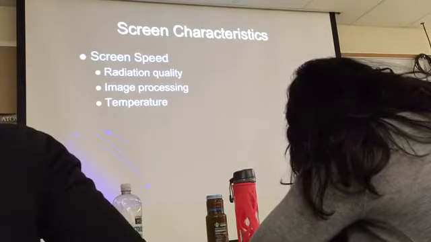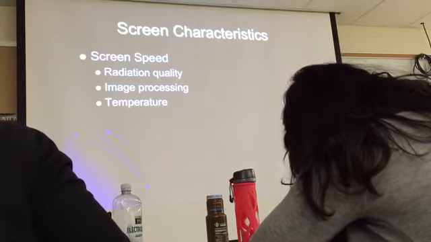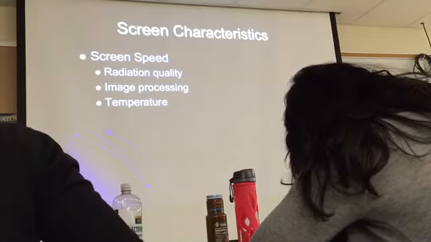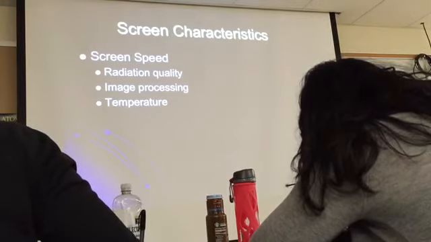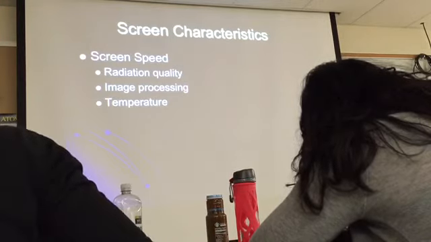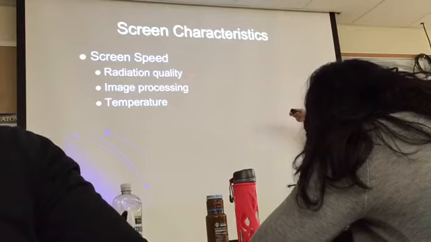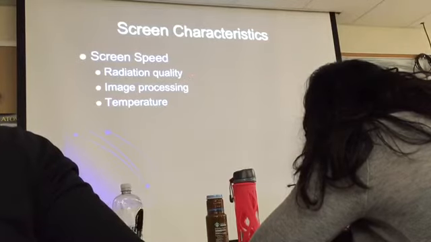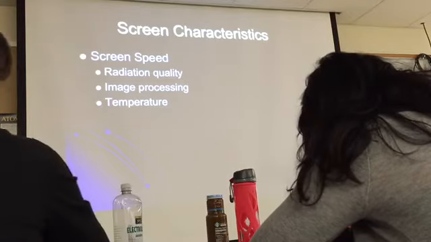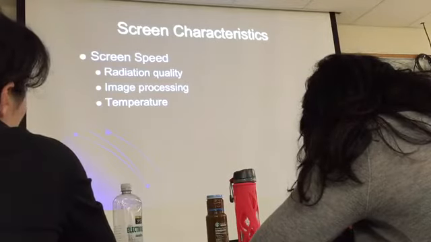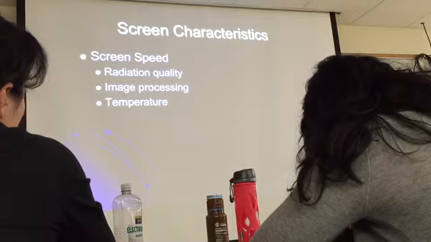Does it make sense? Connecting the dots with what I had said last time. Hope you're not just memorizing. You can connect dots here. Radiation quality: when we think of patient dose, yes, that's going down. But the resolution, once again, is going bad.